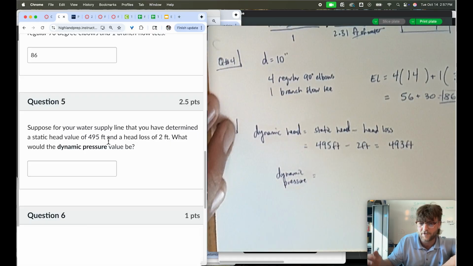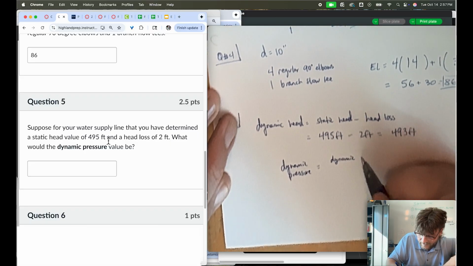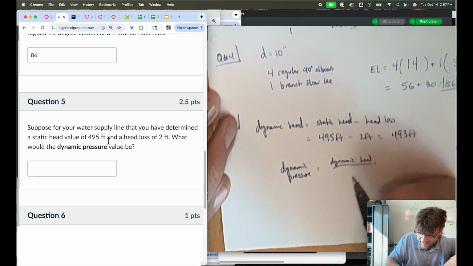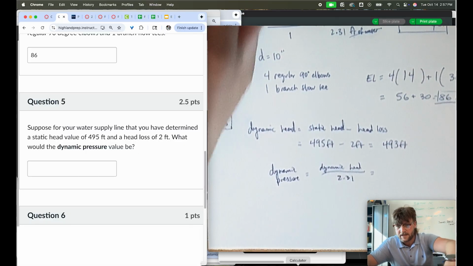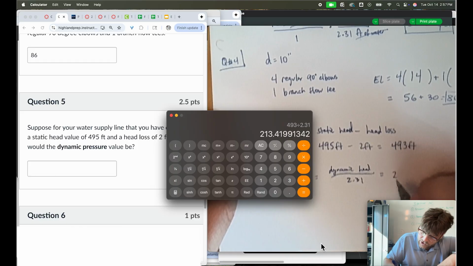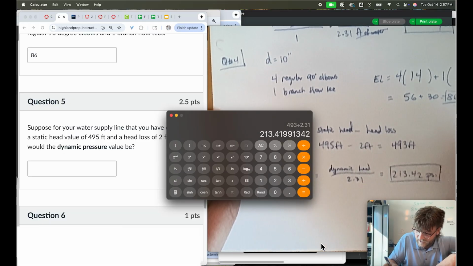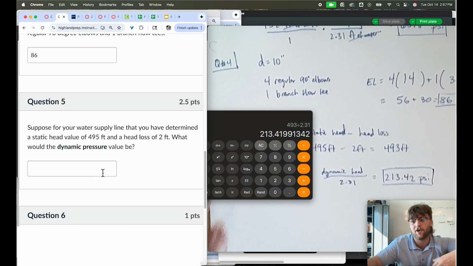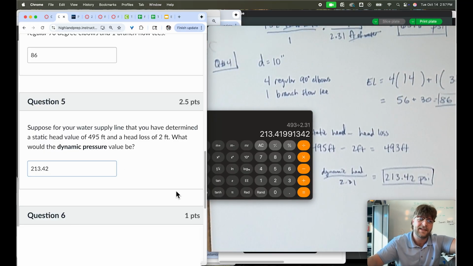So dynamic pressure, actual pressure, we want to take the dynamic head and we want to divide that by 2.31, which means we're going to take 493 and divide that by 2.31. So 493 divided by 2.31, we're going to end up with 213.42 pounds per square inch. And so that's going to be our dynamic pressure there, or our actual pressure. So let's go ahead and put that in, 213.42 psi.